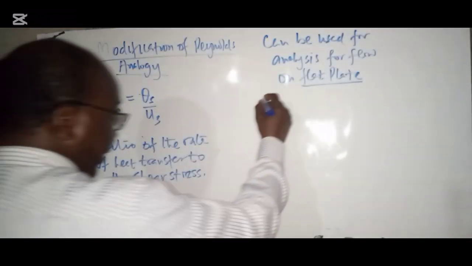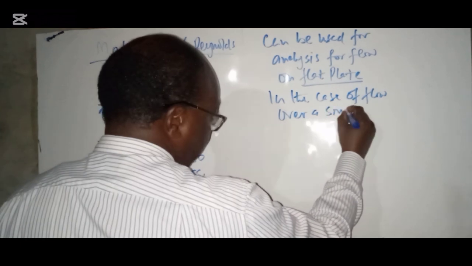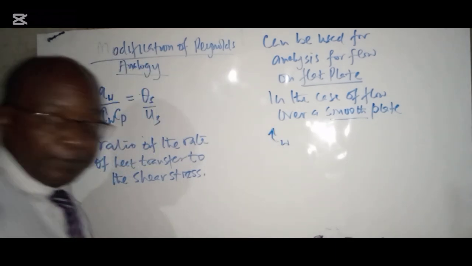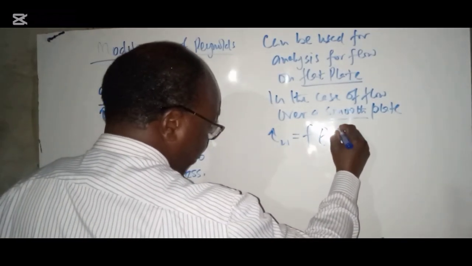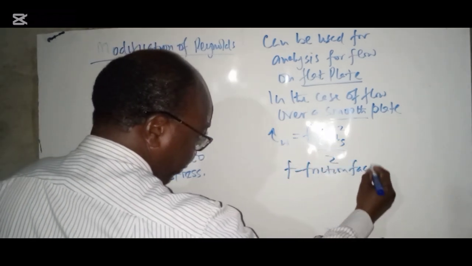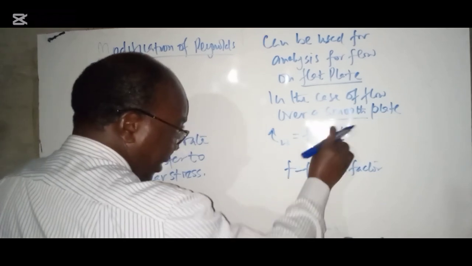Now when it comes to flow over a smooth plate, we have to remember that the shear stress, tau, is given by the friction factor F over 2, rho, U squared, where F is the friction factor, and this is a function of Reynolds number, and this is the density, and that's the velocity.